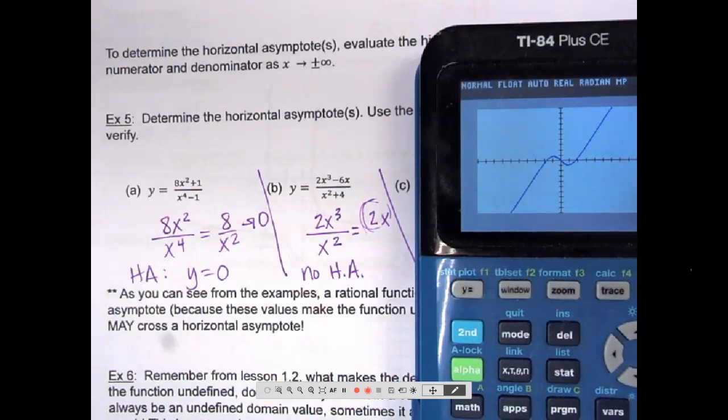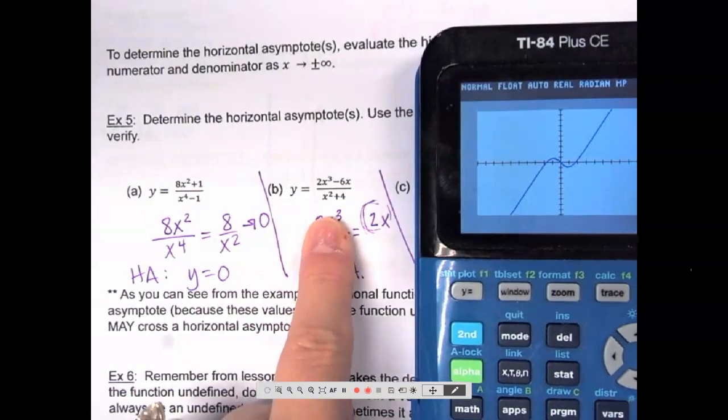Okay, makes total sense. If I look out far to the right, far to the left side of that graph, there's no leveling out going on. Over here, it's going up to positive infinity. Over here, down to negative infinity. No horizontal asymptote.